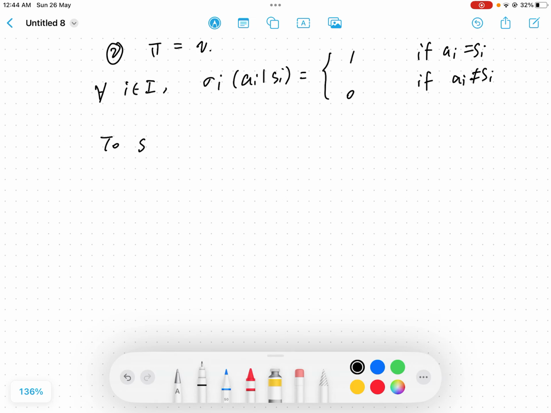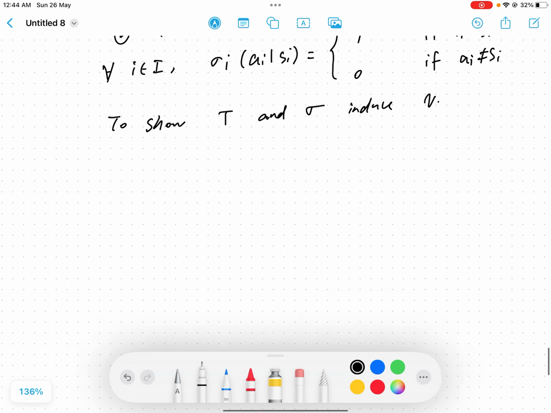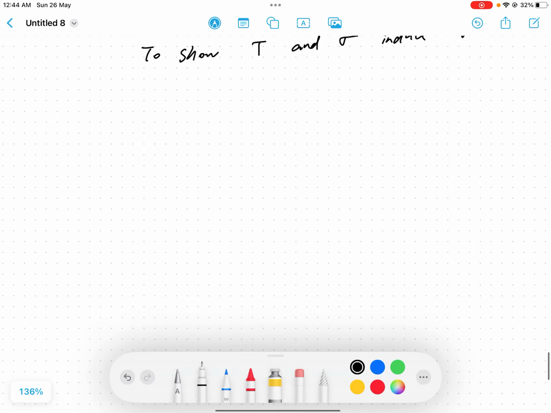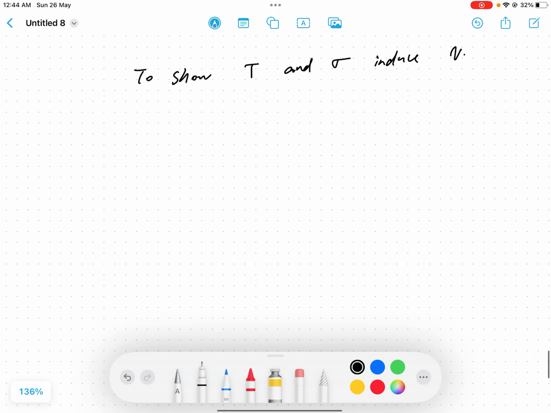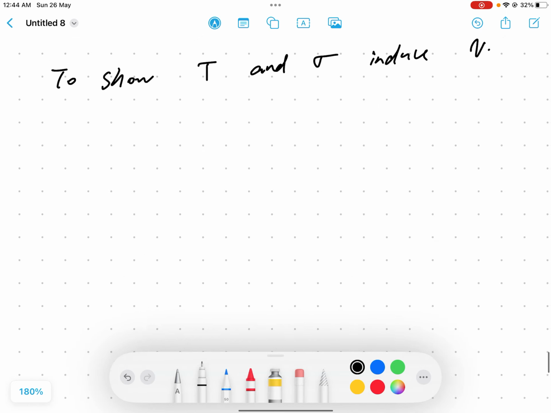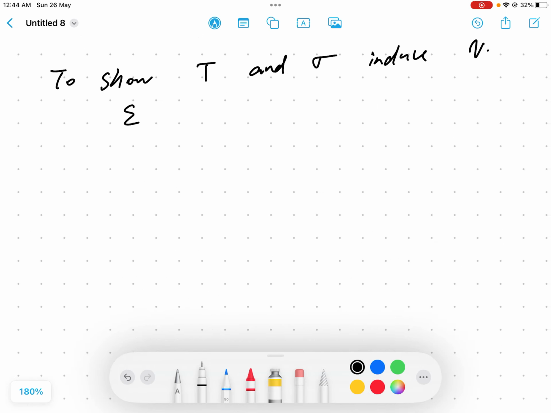So to show T and tau induce V, we check the process of inducing that V. Namely, remember that it's just checking the definition. So the summation over all the s's of pi times the product of all the sigmas, right?